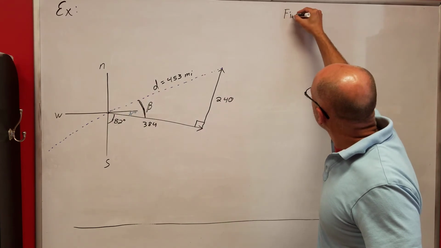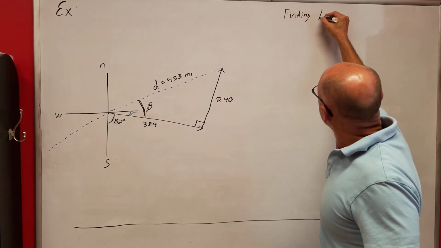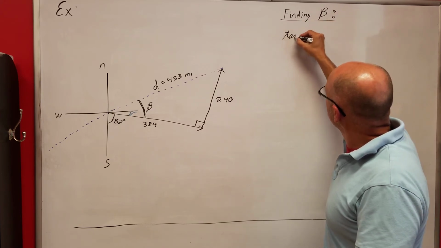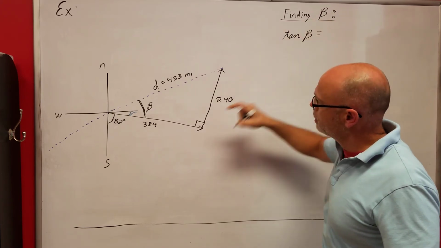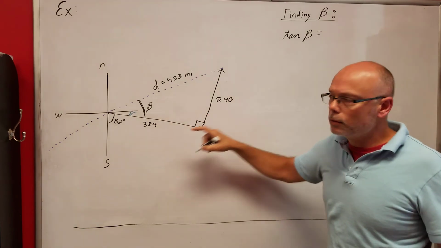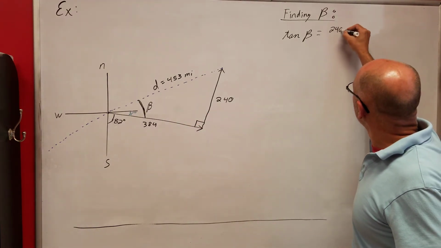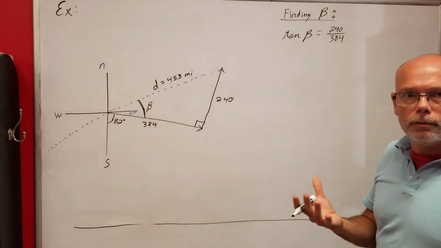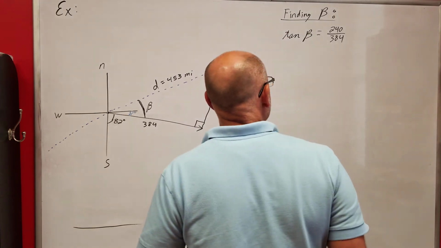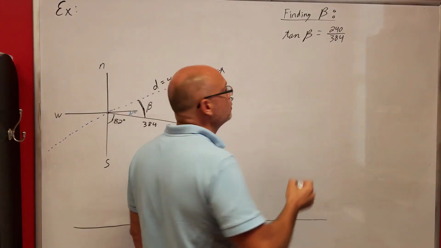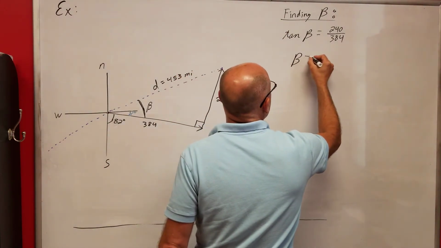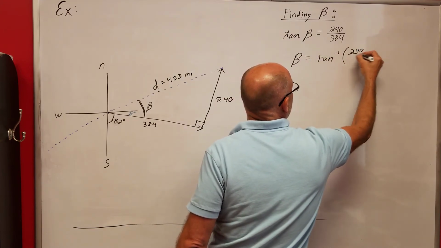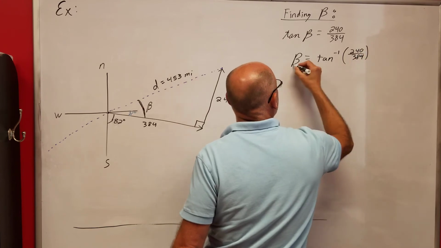So I'm finding beta. The tangent of beta is equal to 240 over 384. A lot of times there's more than one way to find what I'm finding here, but I'll do it this way first. So beta will be equal to the inverse tangent of 240 over 384.